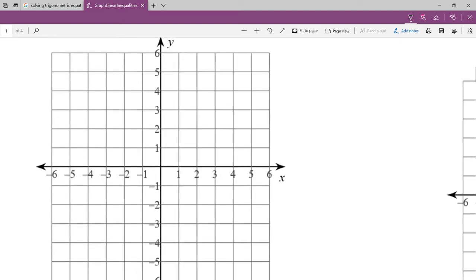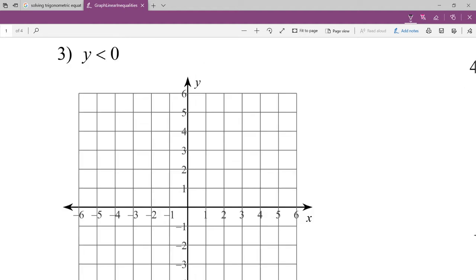So we have y is less than 0, and apparently we don't have a slope, so this is like saying y equals 0. With a horizontal line, when you say y equals 6 or y equals a constant c, meaning any number, you would do a horizontal line.